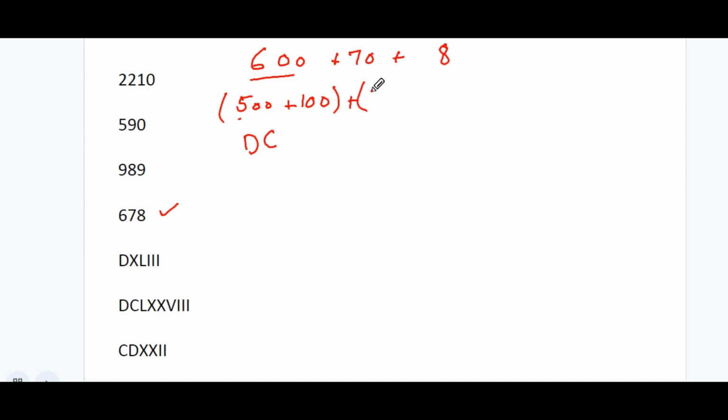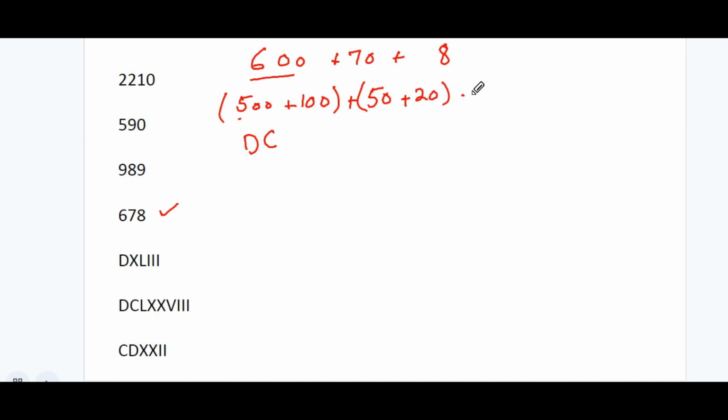Okay, so now let's solve question number 678. 678 means 600 plus 70 plus 8. So 600, what you need to do is 500 plus 100, and first we can do this. 500 means D and 100 means C. 70 means 50 plus 20.